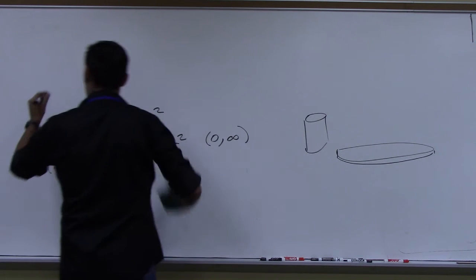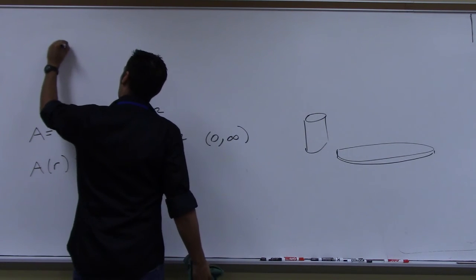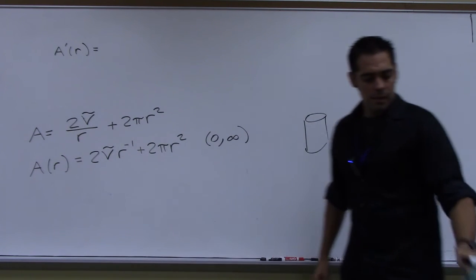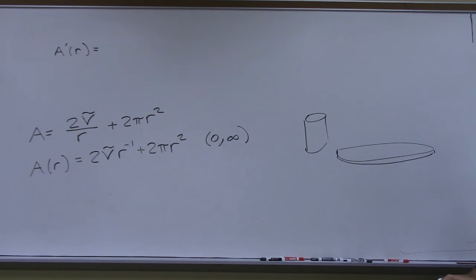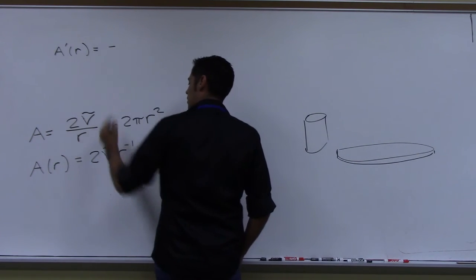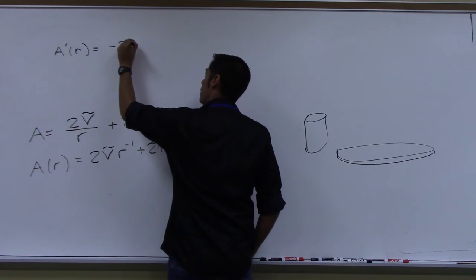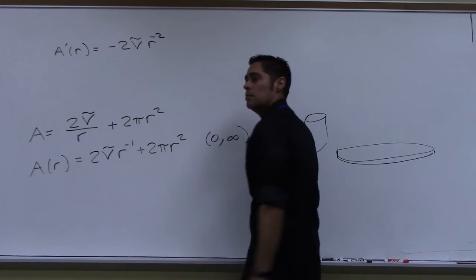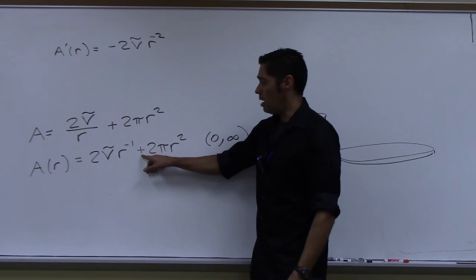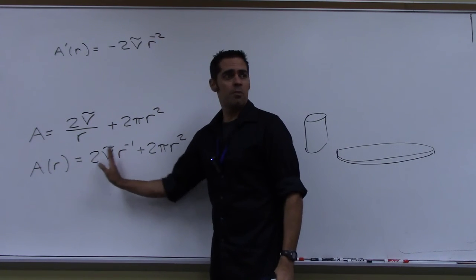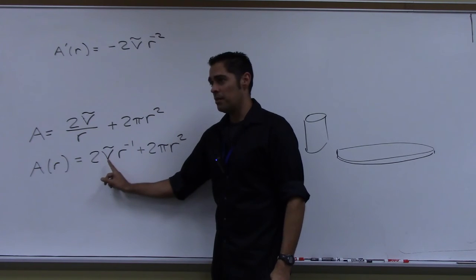What is the derivative of this? What's a prime of r? What is it? Minus 2 v tilde r to the negative 2, plus. And remember, there's no product rule, right? No product rule here. V is a number, so just ignore it.